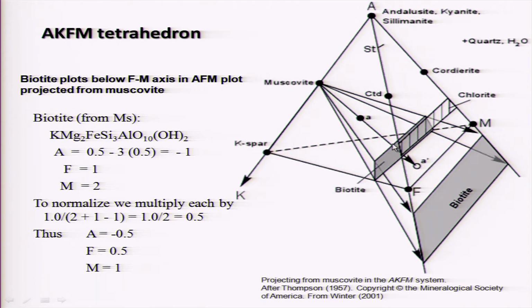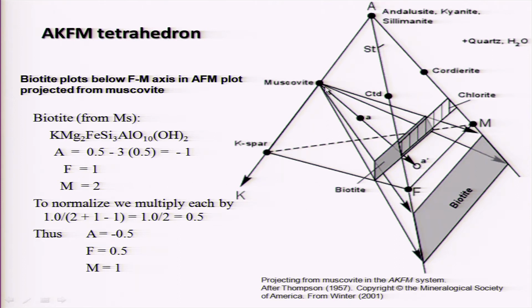So, the amount of aluminum in biotite is 1/3 that of the muscovite. If we project biotite through muscovite, it intersects biotite inside the tetrahedron and comes down below the FM line. For that reason, the AFM diagram is kept open from the lower side, that is, the AFM line is not joined.